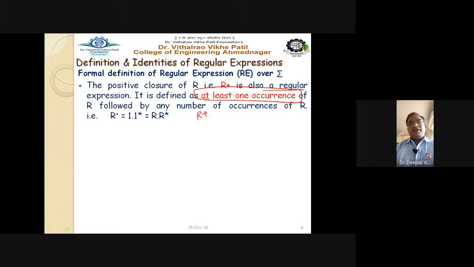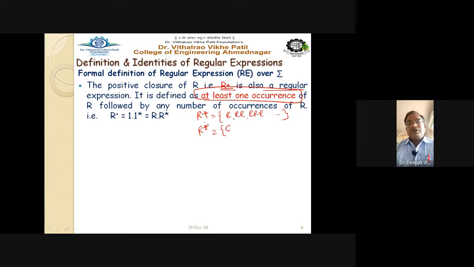So R plus is the positive closure, and it indicates there must be at least one occurrence. But in the case of R star, zero occurrences are also possible.